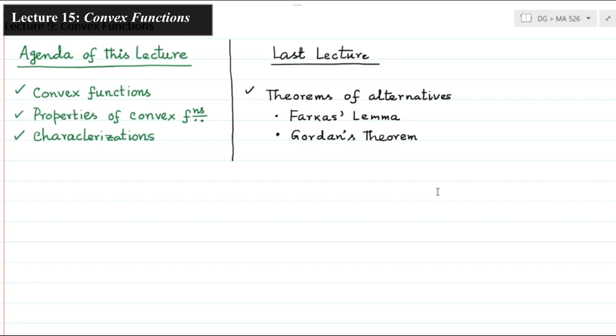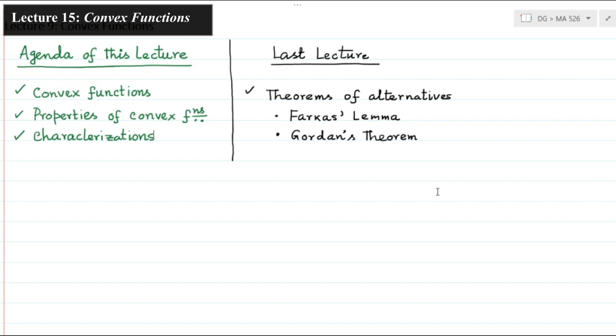The geometrical fact in the Farkas lemma was given, and afterwards, as corollaries to the Farkas lemma, we derived Gordon's theorem, as well as two other corollaries, and those two will be helpful in deriving the necessary and sufficient optimality condition for a constrained optimization problem. The popular Karush-Kuhn-Tucker condition will be developed with the help of the last two corollaries that we derived on the last day.